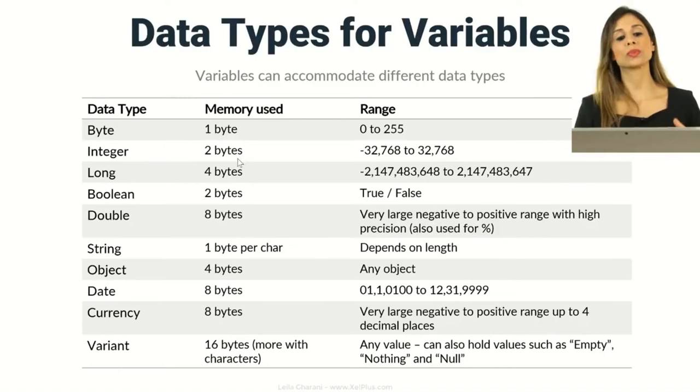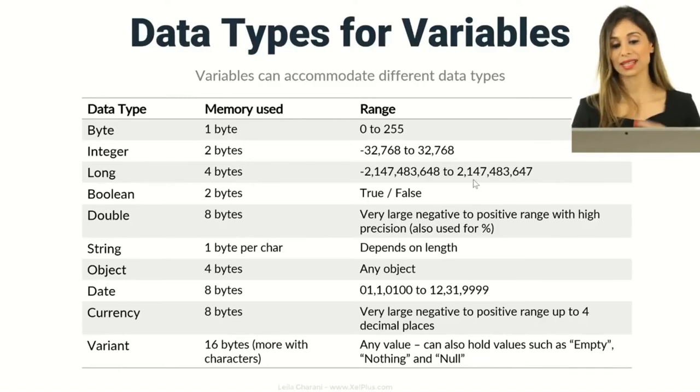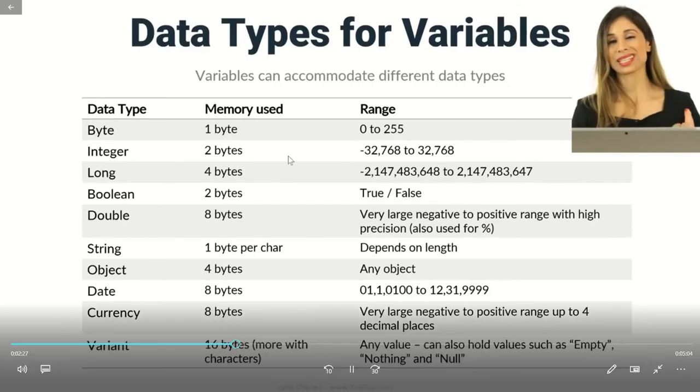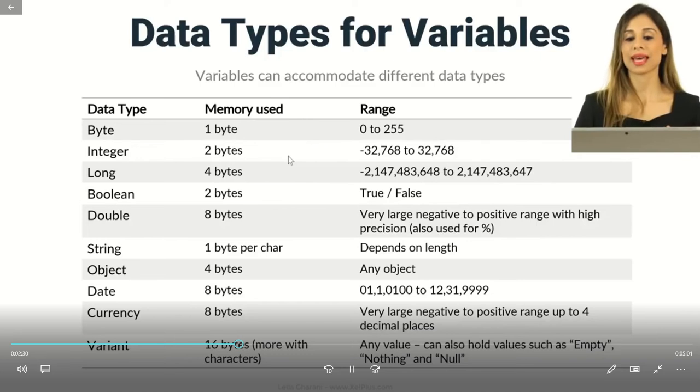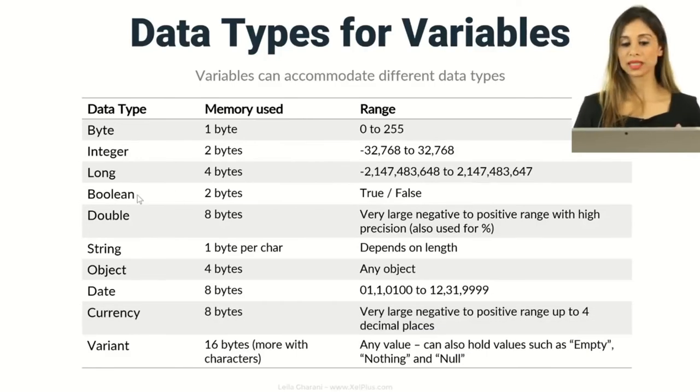If you are looping through a lot of rows, you're on the safe side to use long, right? Because that has a really big data range, which can handle the number of rows in Excel, right? So be careful, don't declare them as integer if you think that you could have data that goes past this number of rows. Boolean uses 2 bytes of memory.